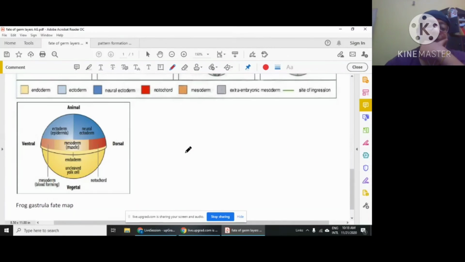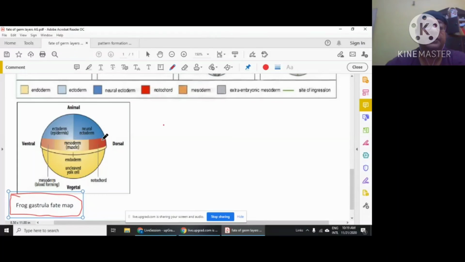I would say this is something which you need to remember: what layer forms what organs and tissues. The top part is known as the animal pole, and below is known as the vegetal pole. In the top part, this region will form the ectoderm or epidermis.